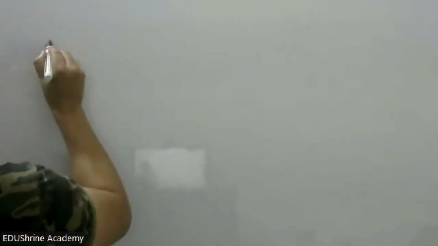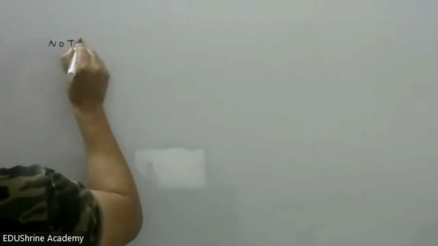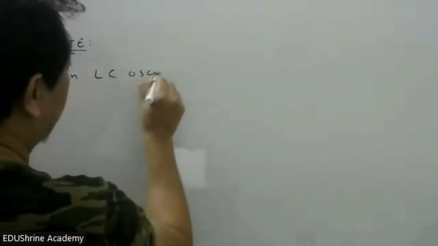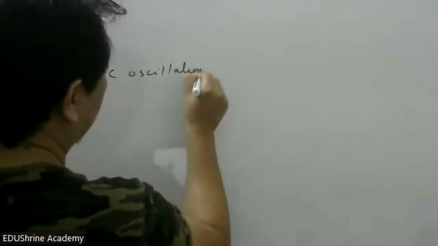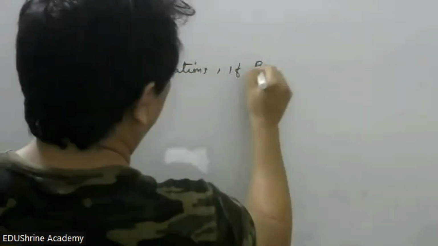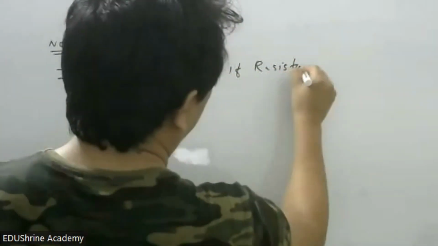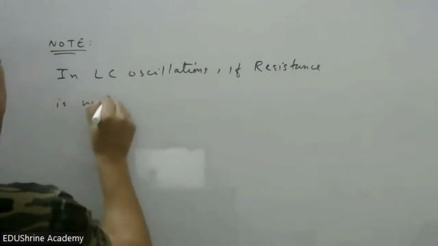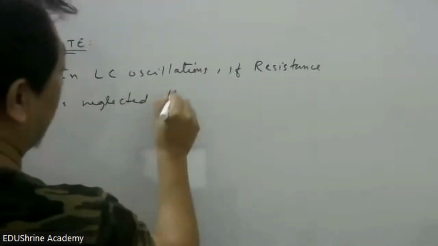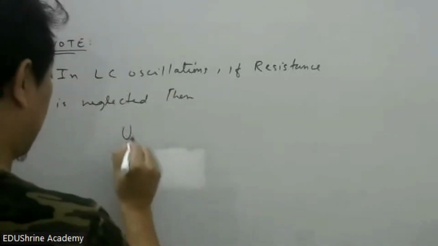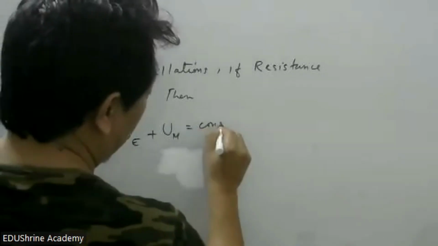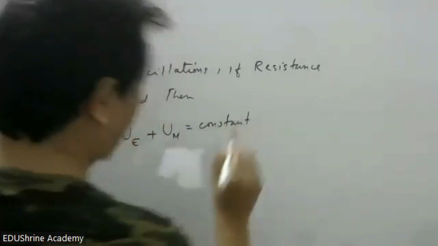So one small note you mention. In LC oscillations, if resistance is neglected, then electrostatic energy plus magnetic energy will remain constant.